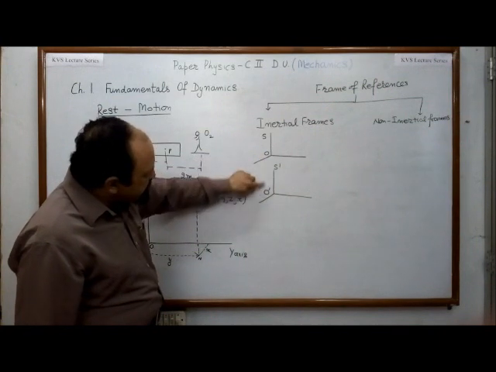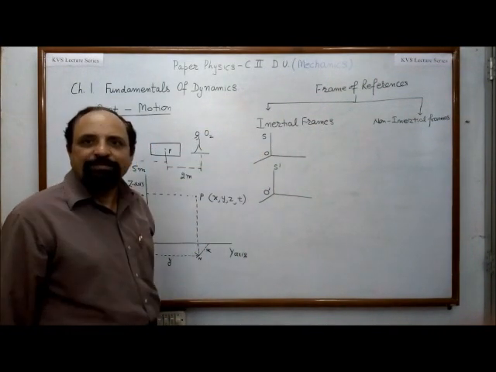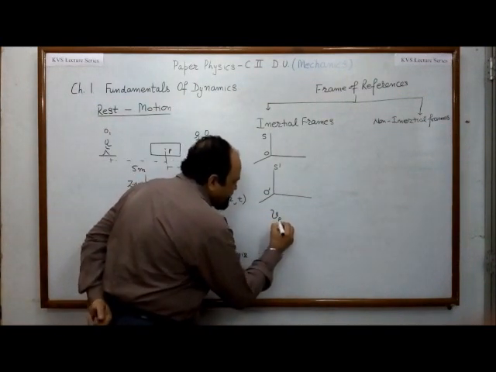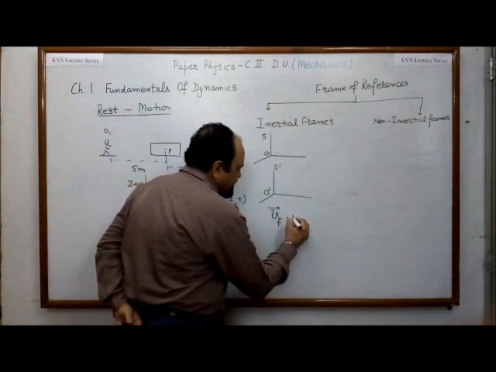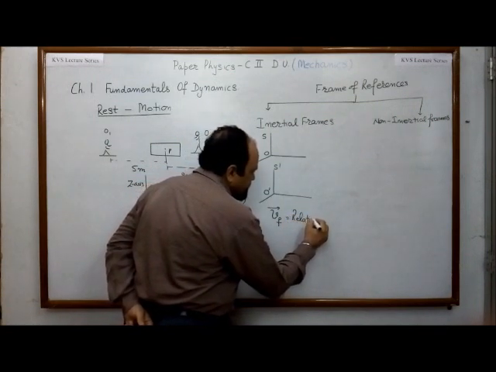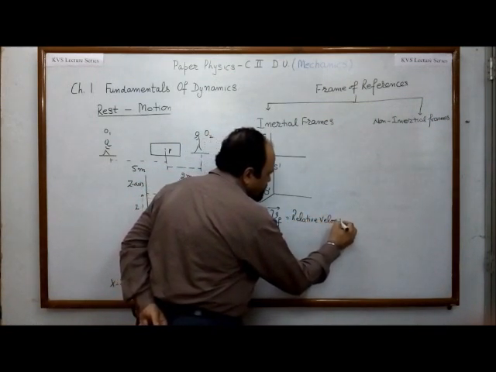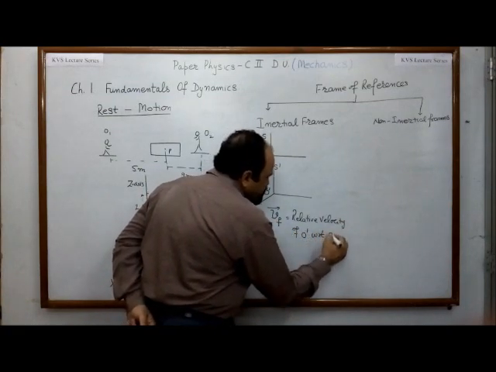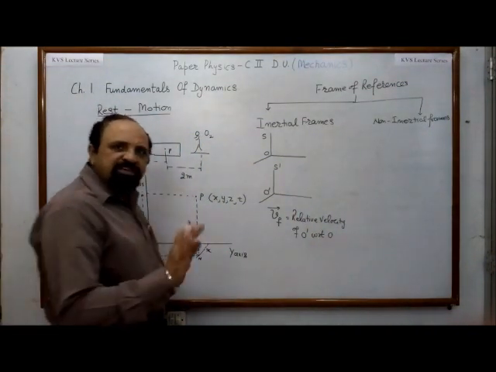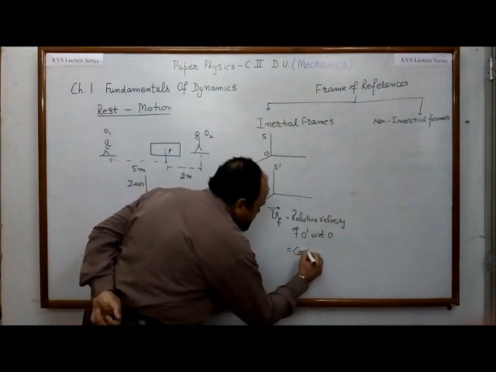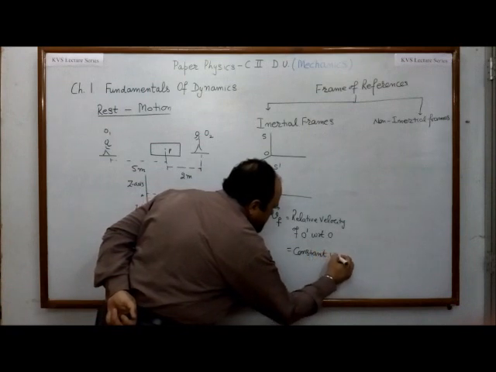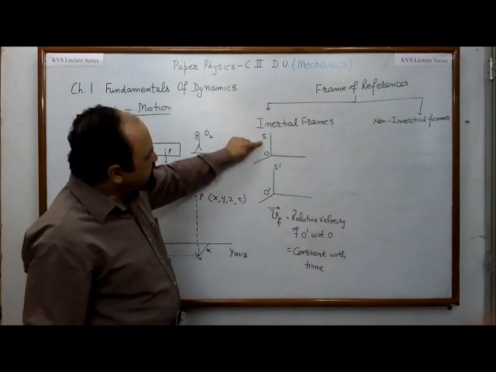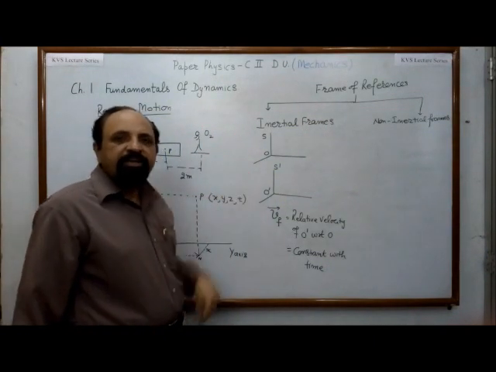If the relative velocity of these origins, which I am representing as Vf vector, that is the relative velocity of O dash with respect to O, remains constant with time, I call these frames inertial frames.